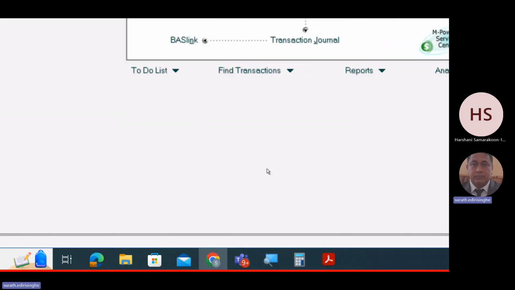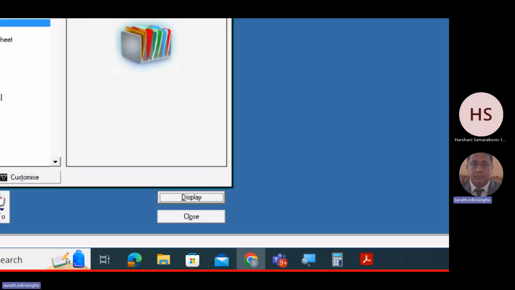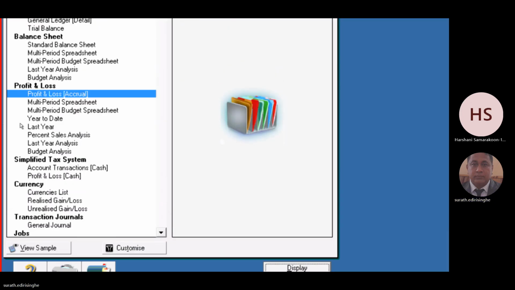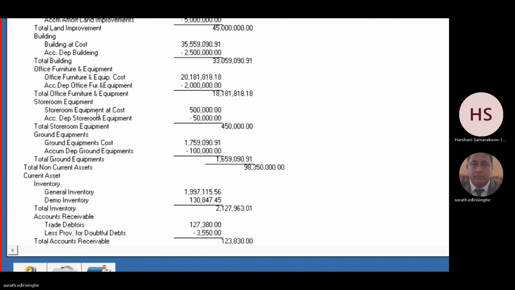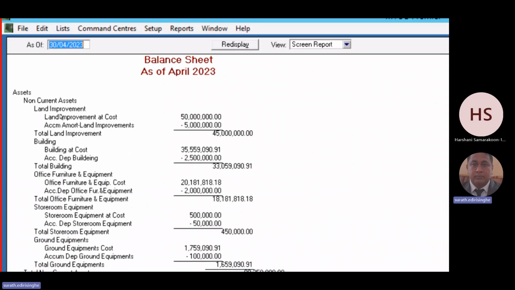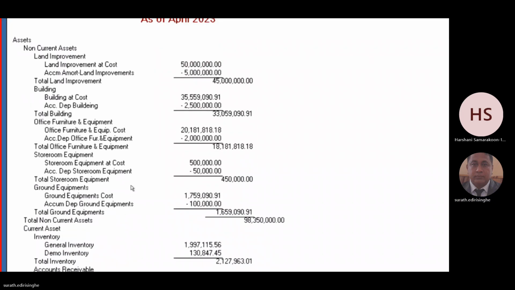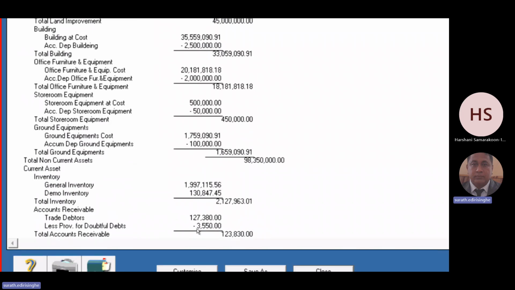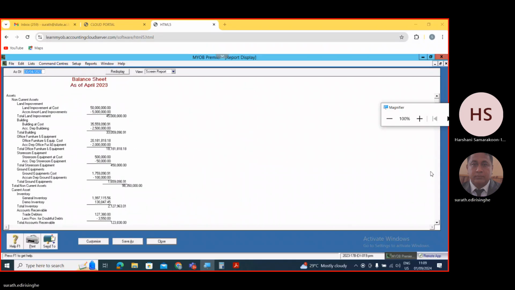We'll see. Reports, accounts, balance sheet, display. April 30th. Then you select your prepayment. What is the number of the prepayment account?